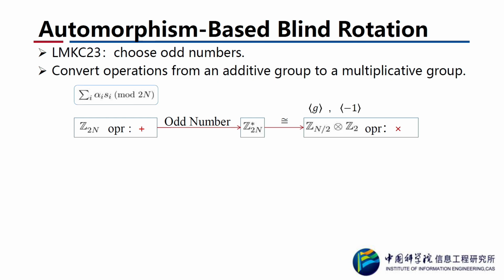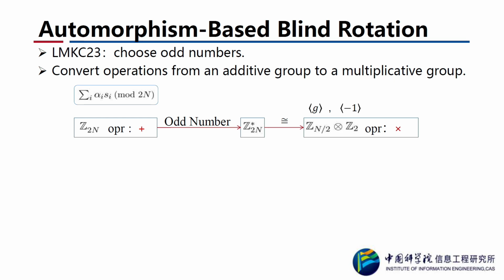Furthermore, we also proposed an automorphism-based circuit bootstrapping. So we should begin with an automorphism-based blind rotation. You know, the key procedure of blind rotation is to homomorphically evaluate the sum of a_i s_i modulo 2n.